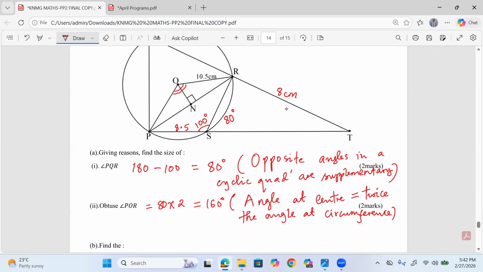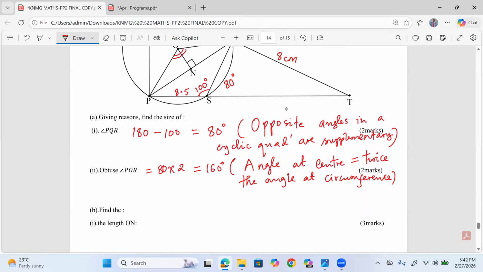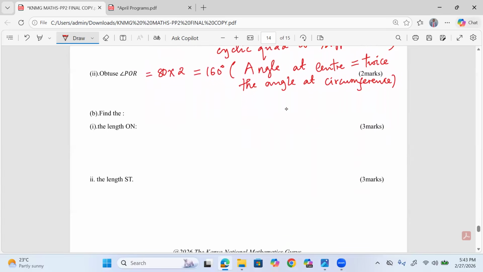So because we said this is 80, then the angle at the center, because they are both subtended by the same chord PR, one at the center of a circle, the other at the circumference, then you discover that the one at the center is twice the one at the circumference.